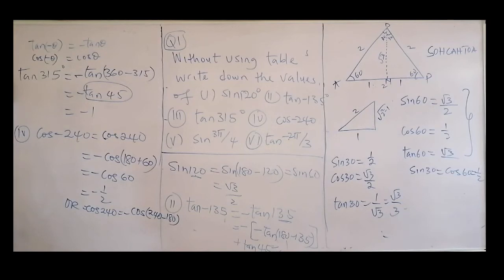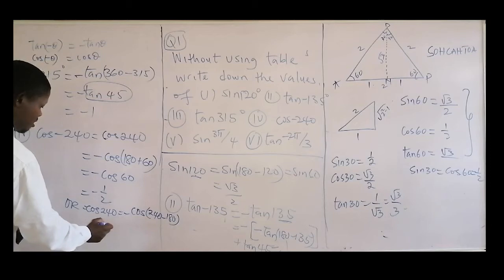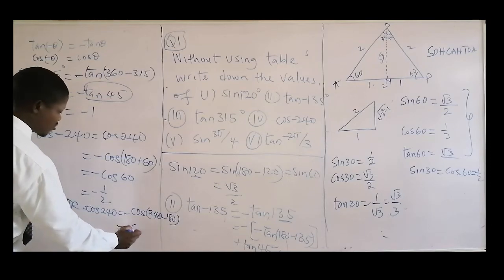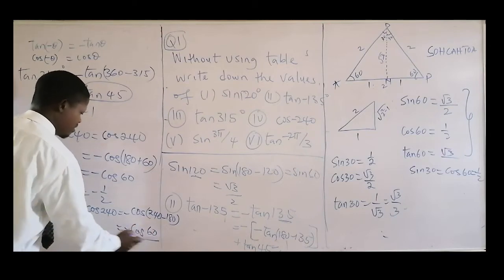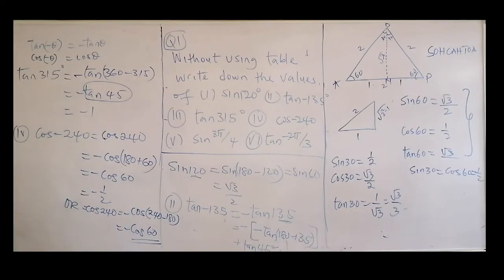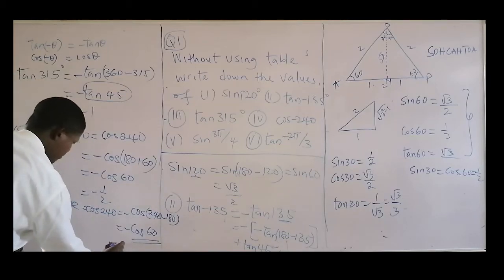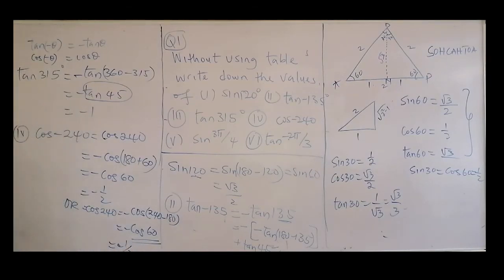That value you are given minus 180 will be equal to minus cos 60, which is the same value. So that's minus half in that case.